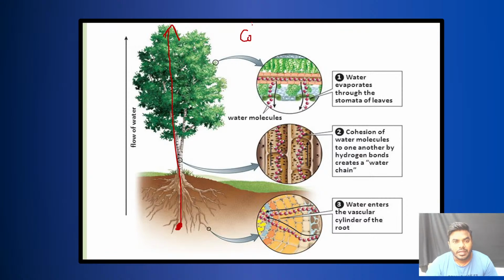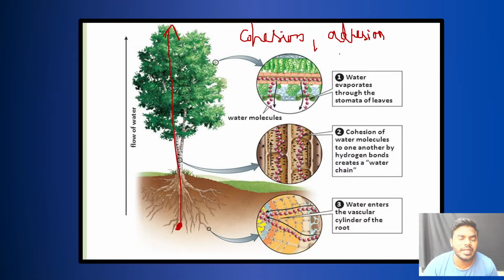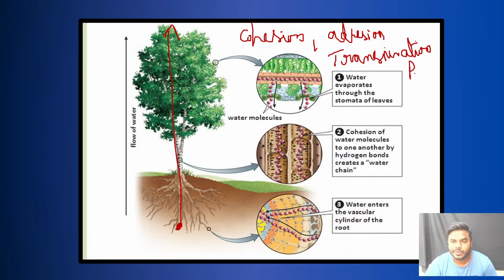Everyone pay attention. With the help of cohesion and with the help of adhesion, and friends, most importantly, the force or the pressure which is generally created by the transpiration pull. Kindly don't forget this.